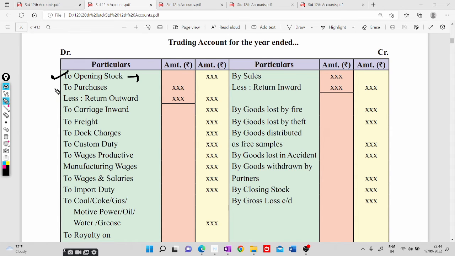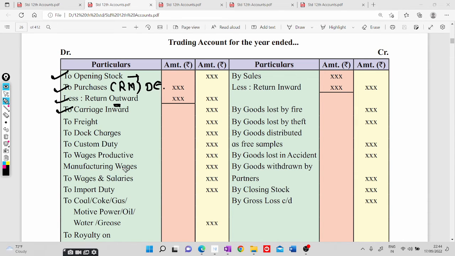You can see purchases. By purchases, we mean the purchase of raw materials, that is purchase of goods, which is a direct expense. From that, you have to reduce the purchase returns. You can also see carriage inward.